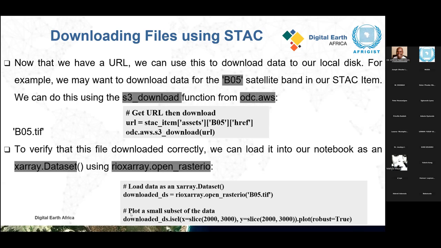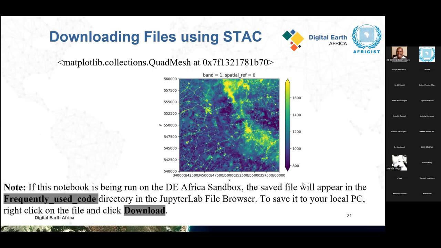The comment here says plot a small subset of the data, downloaded_ds.isel, and we put in brackets the x slice and the y dimension, and we plot and we give progress equal true.